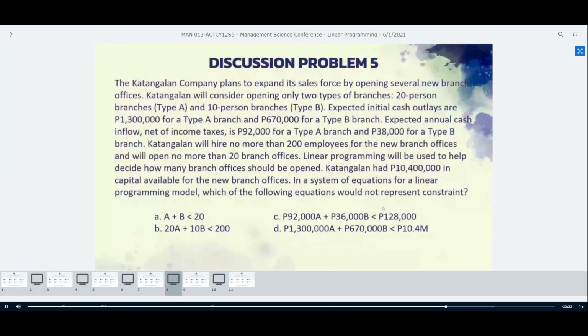Discussion problem 5. In a system of equations for a linear programming model, which of the following equations would not represent constraint? O sige, kayo muna, class, and then pag-usapan natin yung sagot later on.